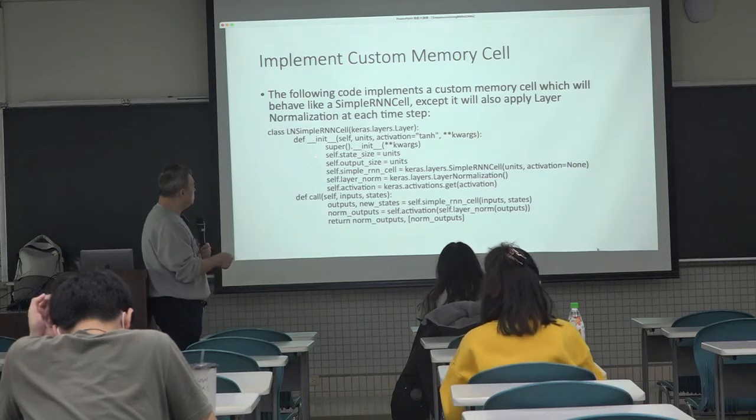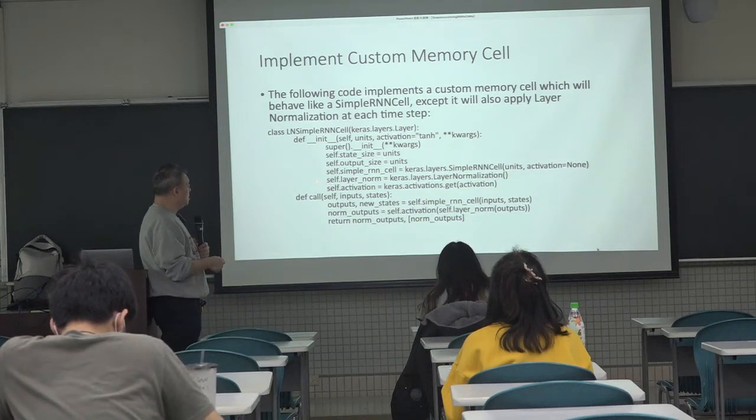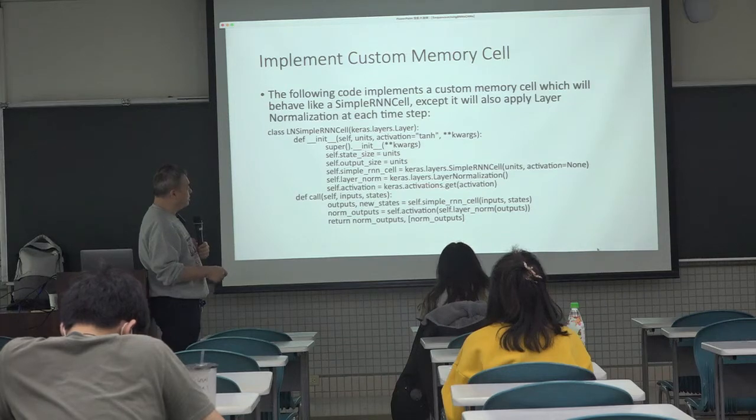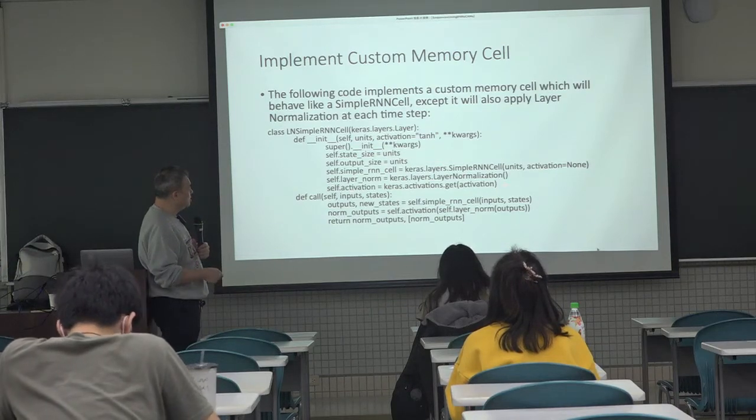There's really nothing much to say about it here. The only thing we can mention is that you can see we call the Keras layer normalization function prior to the activation function.